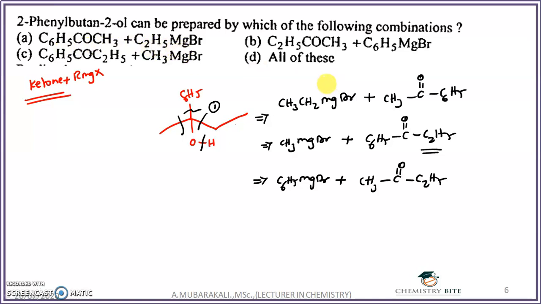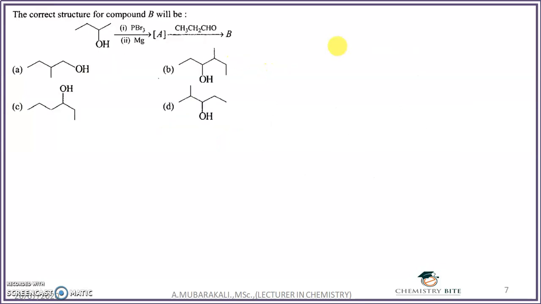So you can see this is the first option, C2H5 CO CH3 and C6H5MgBr. And the third one is C6H5 CO C2H5 and CH3MgBr. So you can prepare the 2-phenyl butan-2-ol by using all these methods.